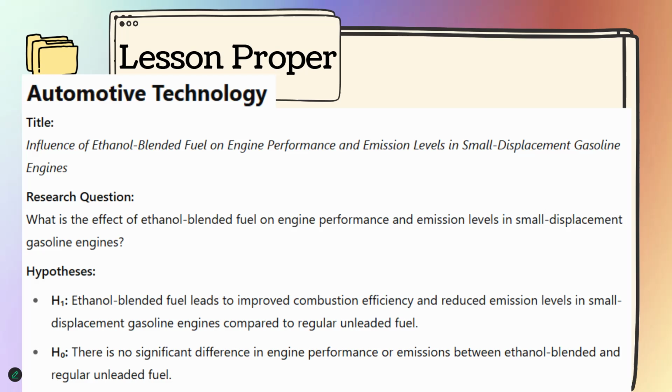So, as you can see in this study, there is an experimental process wherein the researchers will test the engine performance and the emissions between ethanol blended and regular unleaded fuel. So there are varied types of research.